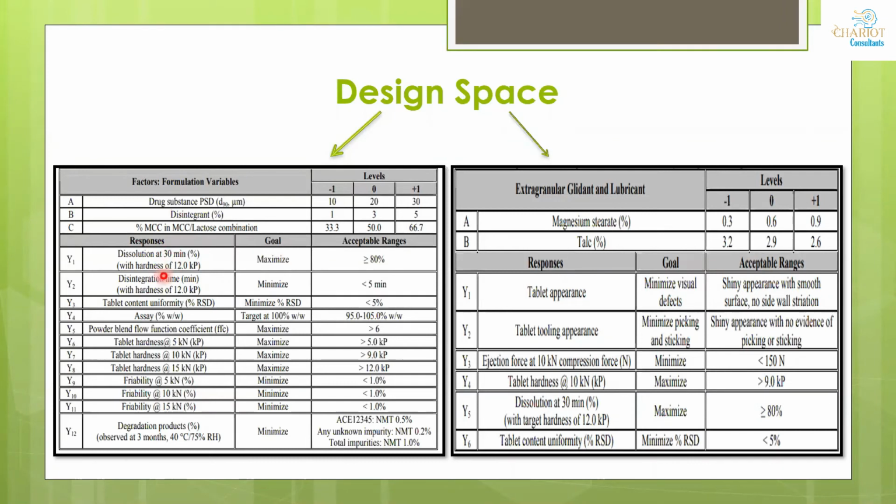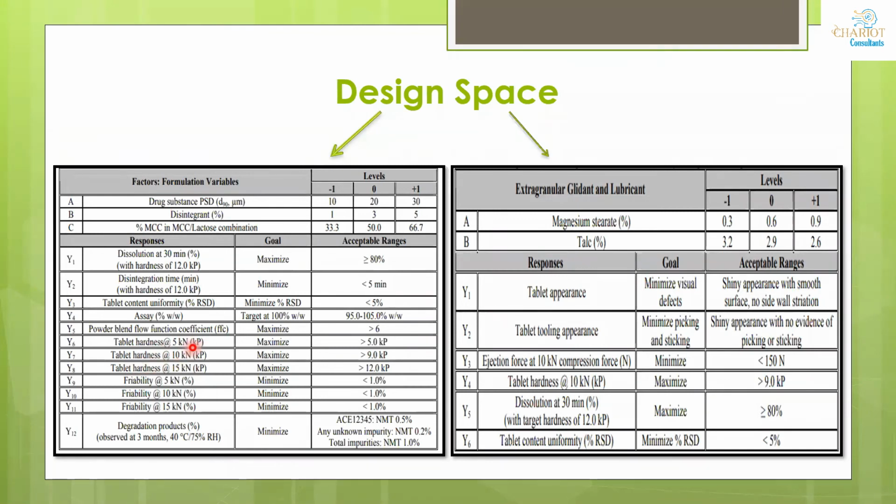For example, I need to identify, if I use certain kinds of ratios, what is my dissolution in 30 minutes, what is the disintegration time, what is the tablet content uniformity, what are the assay values, how is the powder blend flow coefficient, and then the tablet hardness.